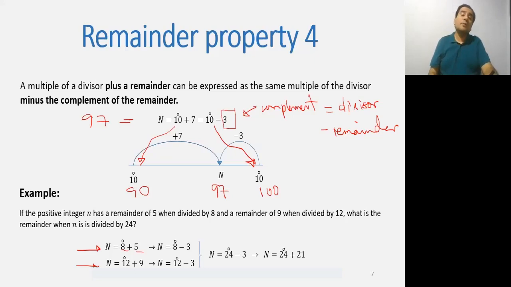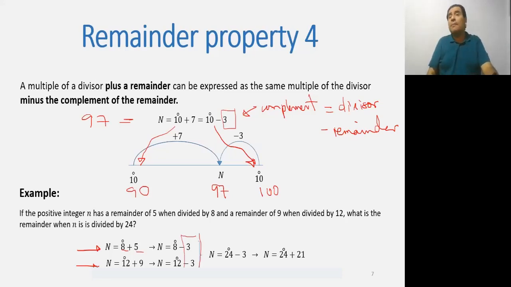The same goes for the other structure. A multiple of 12 plus 9 equals a multiple of 12 minus 3, because 3 is the complement of the remainder 9. So now it looks like we've uniformized the remainder, even though it looks negative, right?